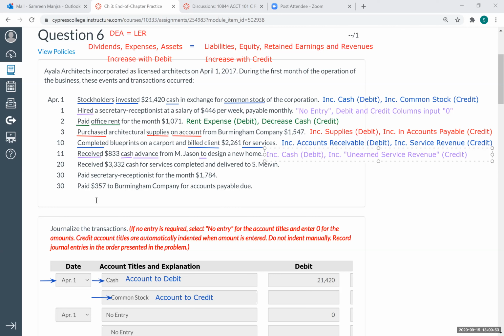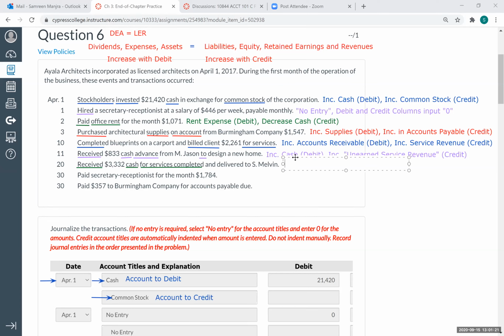In our next transaction on April 20th, the company received cash. And the reason why we received cash is for services completed and delivered to S. Melvin. In this example, our company has already provided the service.